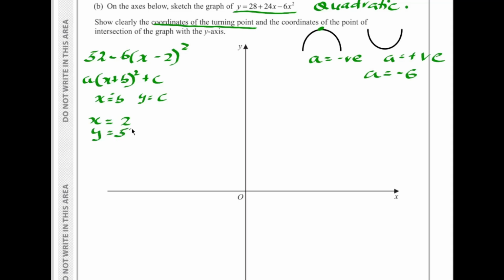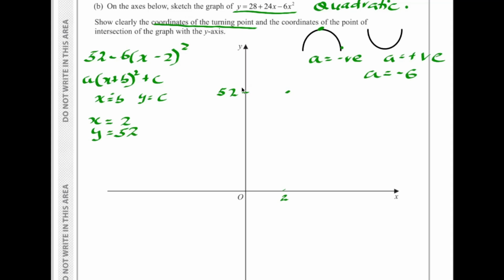Now, I know that this is under this shape because it is minus. The shape is this one, and the maximum coordinate is 2, 52. So 2 is somewhere here. Let's label it 2. 52 I'm getting somewhere here. Then my maximum point, I'm labeling it here.